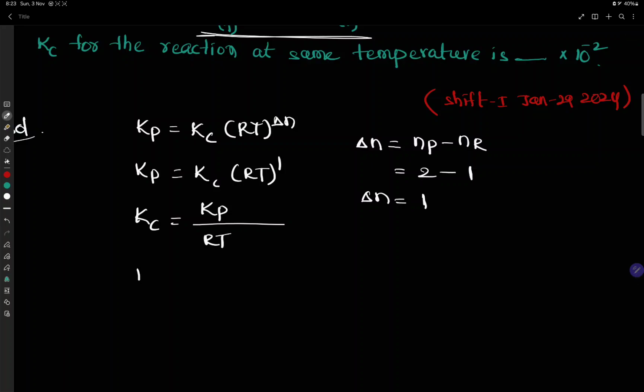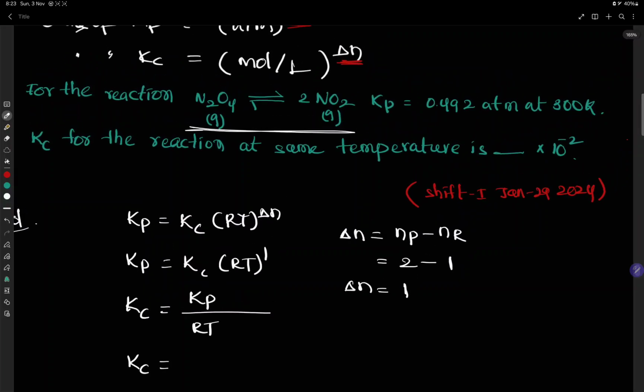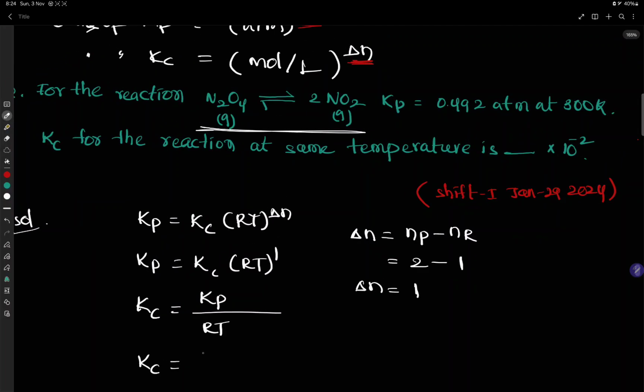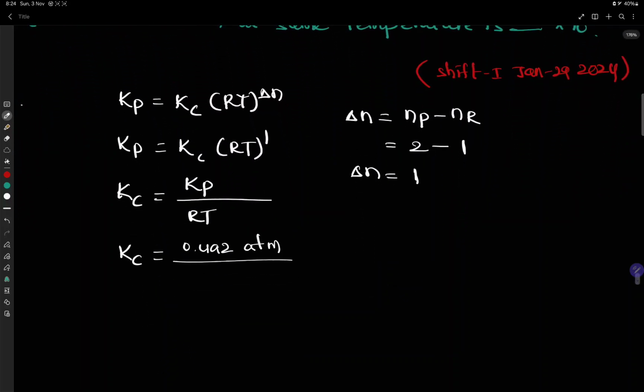So Kc is equal to, what is the Kp value given in the question? The Kp value is 0.492 atmosphere, divided by the R value.